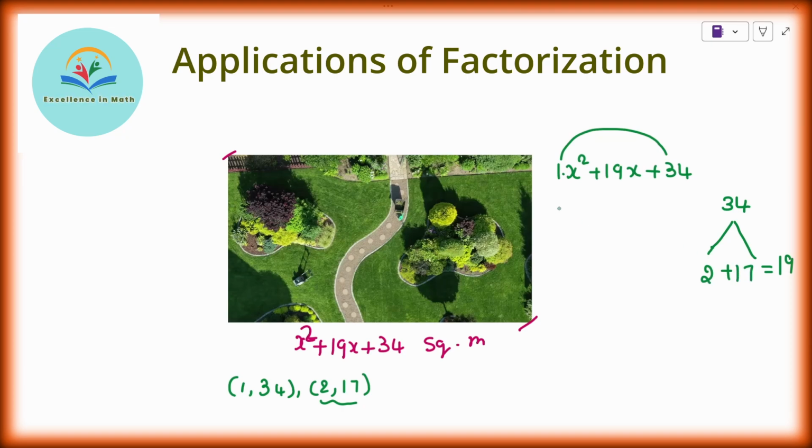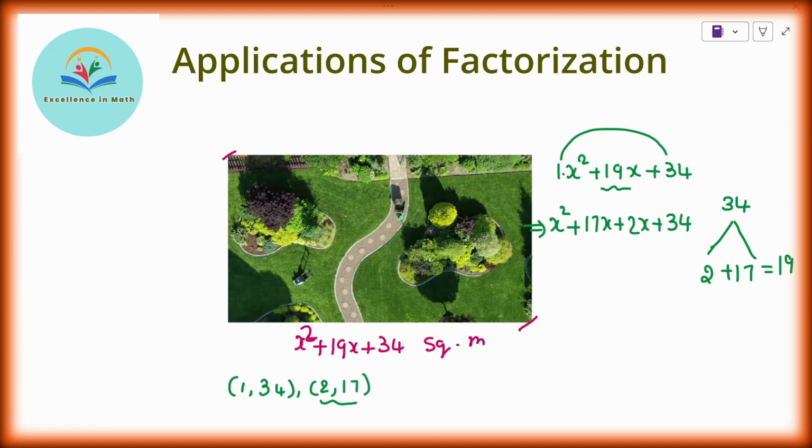Now, let's split the middle term, so x squared plus 19x plus 34 is written as x squared plus 17x plus 2x plus 34. Without using any advanced technique, let's try to identify a common factor in all the terms. Is there a common factor in all the 4 terms?